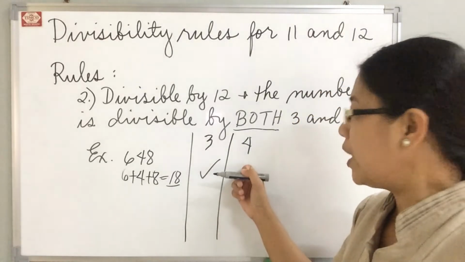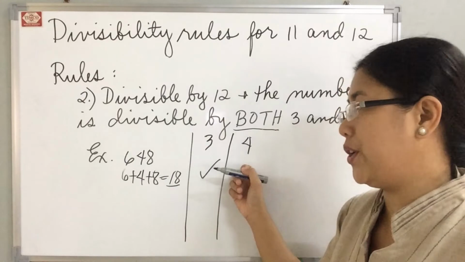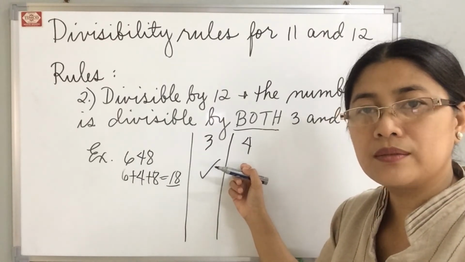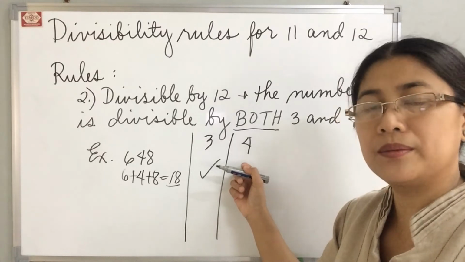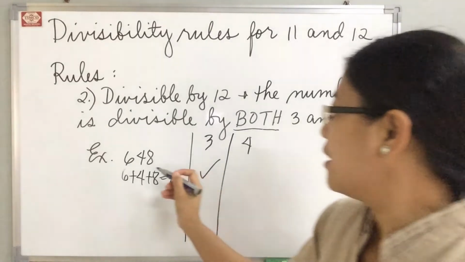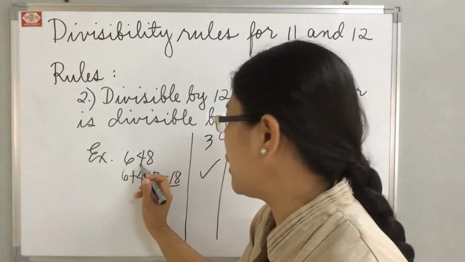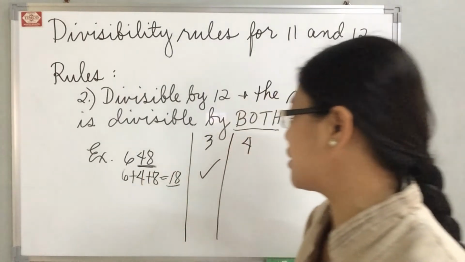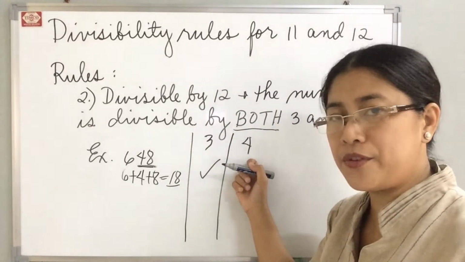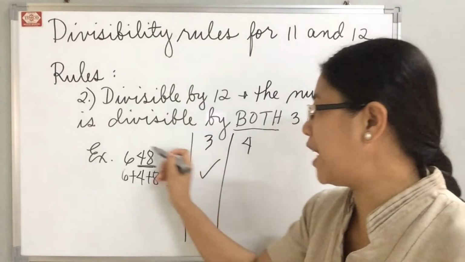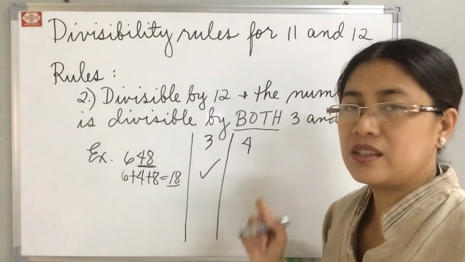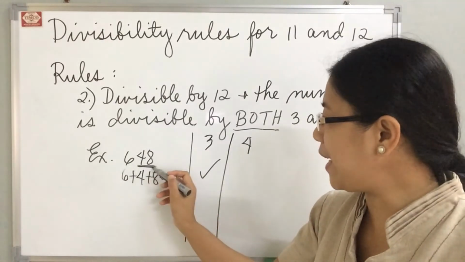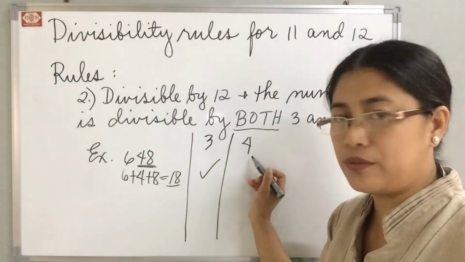Now, let's go to number 4. What is our rule in number 4? If you still remember. Okay. If the number formed by the last 2 digits is divisible by 4, therefore, that whole number is divisible by 4. Right? So, is 48 divisible by 4?